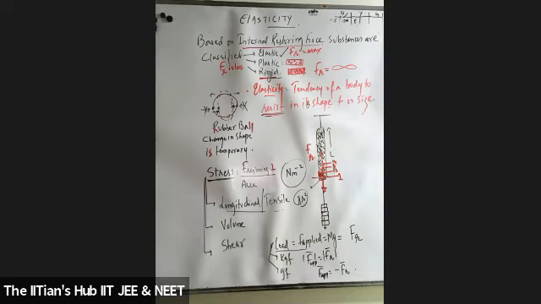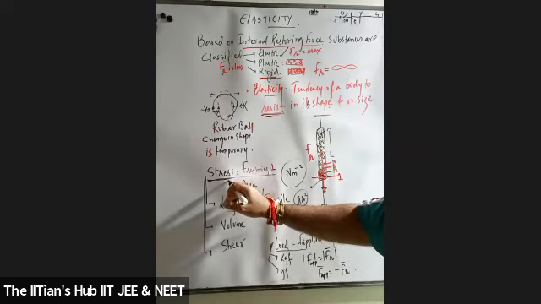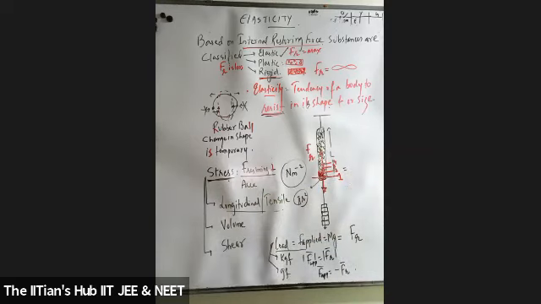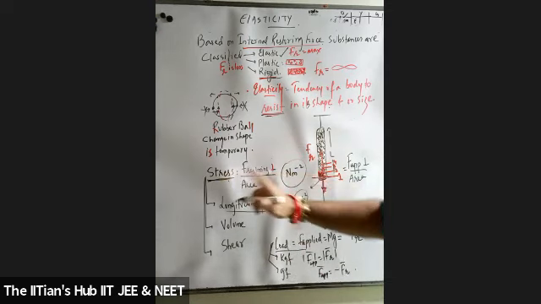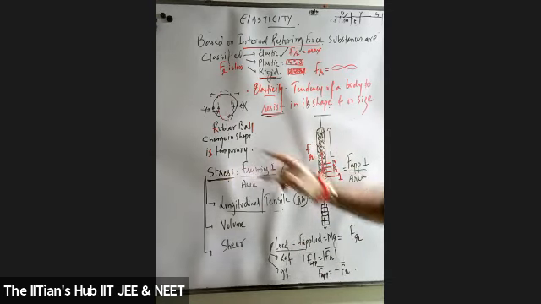That is why some teachers also say stress is defined as force applied normally per unit area. But actually, students, this is an incorrect way of representing it. ये कभी use करते हैं only while solving problems. But conceptually, if you want to see what stress is, then stress is not the applied force, but the internal restoring force.